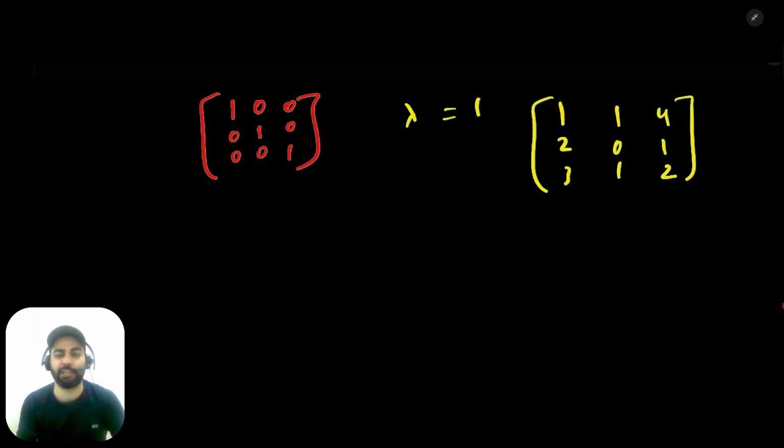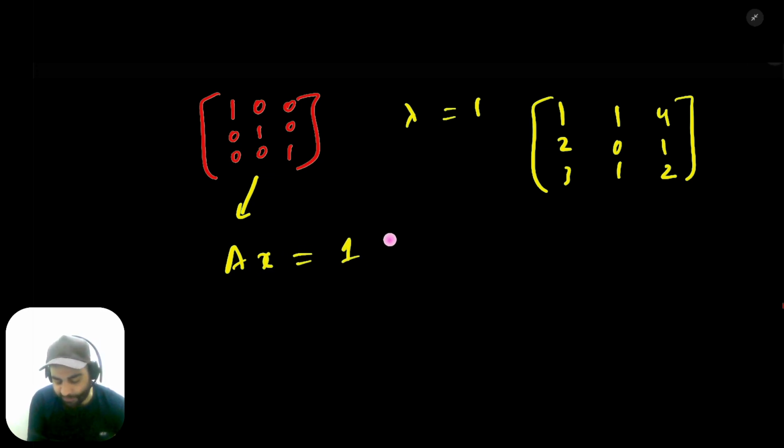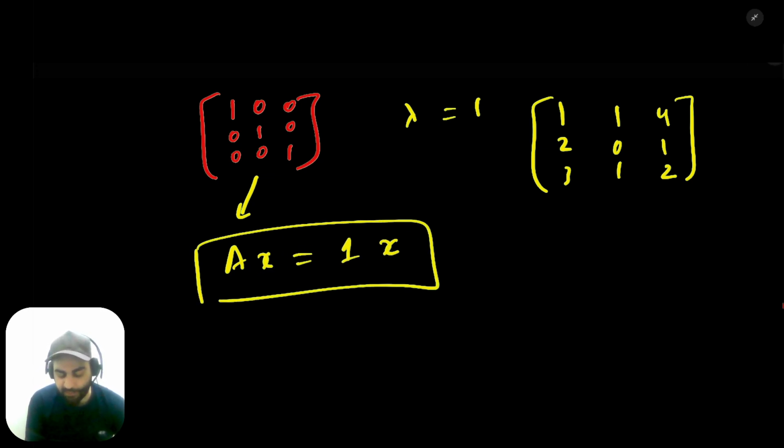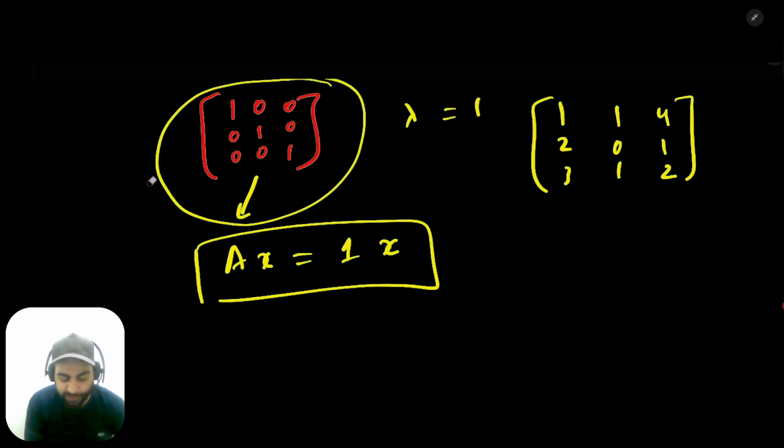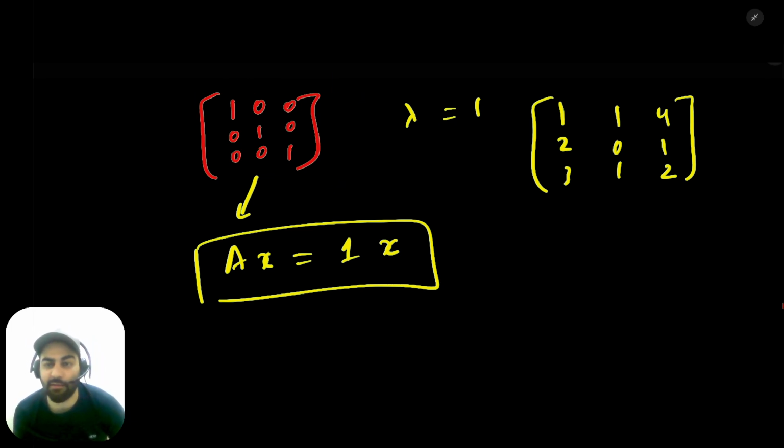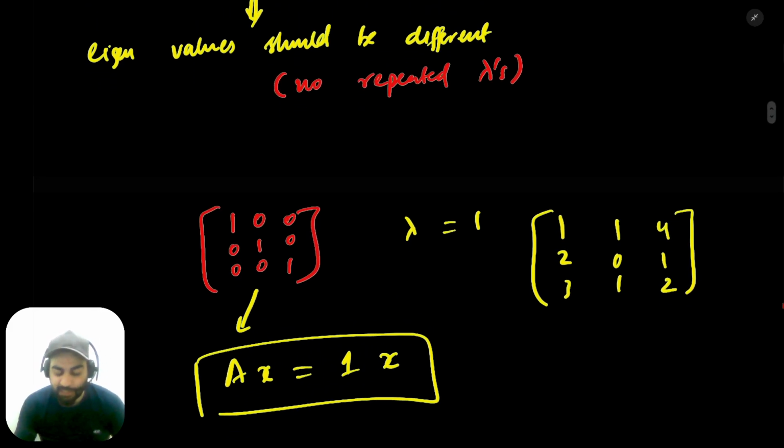Everything with respect to this identity matrix is an eigenvector, because if you multiply any vector x by A, you will get 1 times that x. So any vector for this identity matrix is actually an eigenvector. So what I'm telling you is that if there are repeated lambdas, we are not sure whether this matrix will be diagonalizable or not.